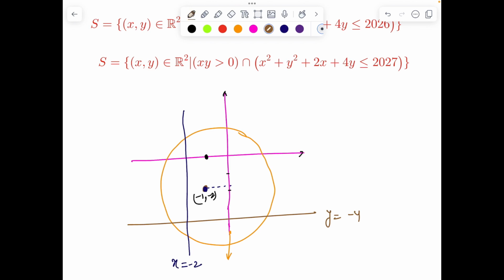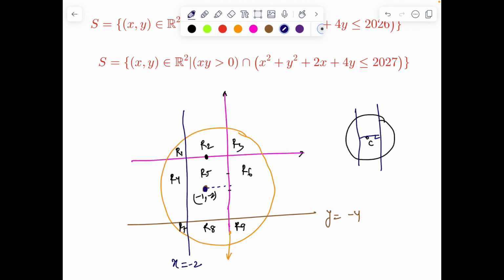So these four lines together with the axes divide the entire circular region into 3, 3, 3, so 9 regions. Let's name these regions R1, R2, R3, R4, R5, R6, R7, R8 and R9. As you can clearly see, I have divided this circle symmetrically about the center.